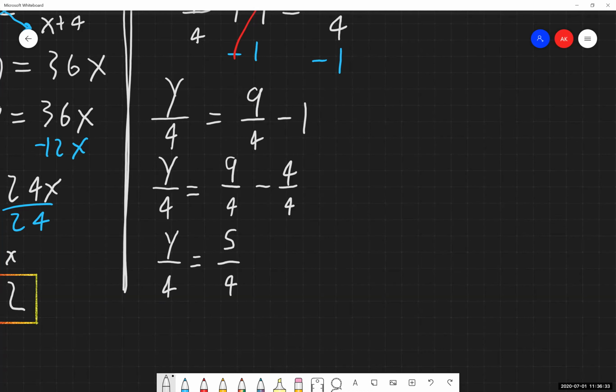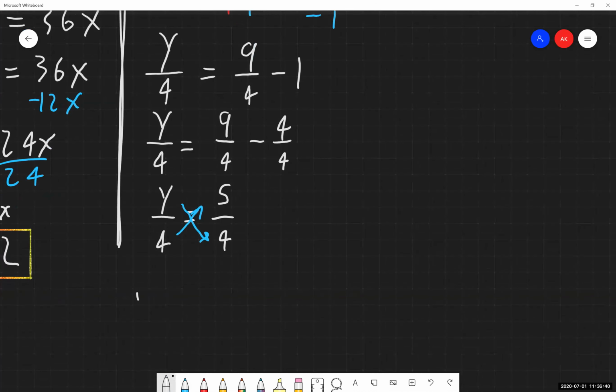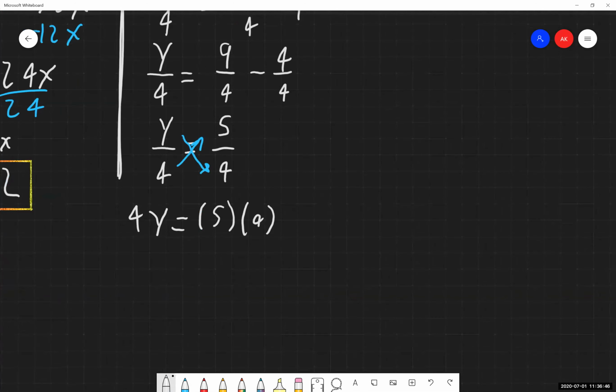I can cross multiply, get my answer. So I'm getting 4y is equal to 5 times 4. 4y is equal to 20. Divide both sides by 4. And we get y is equal to 5.